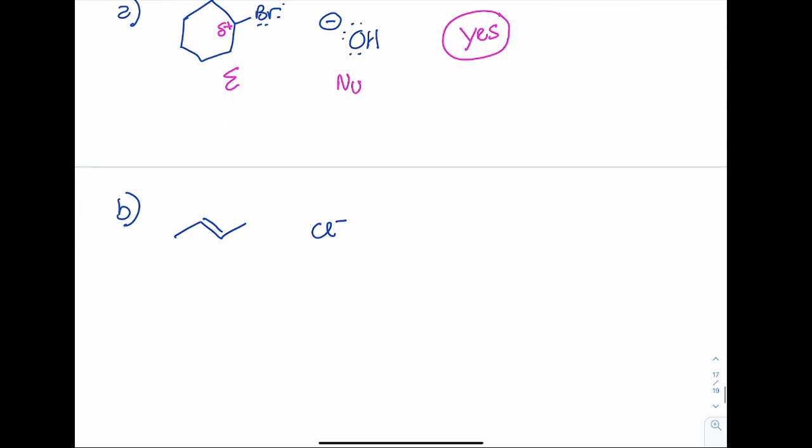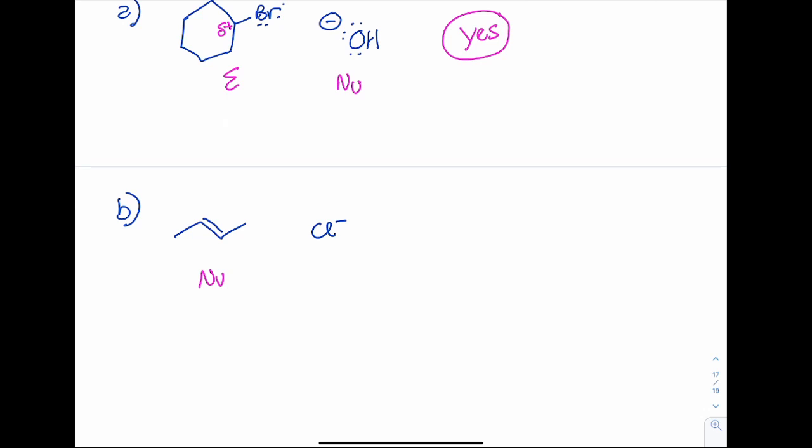Okay, so nucleophile, right? Pi electrons make it nucleophilic. And then chlorine with a negative charge, there's nothing electron poor about that. It does have lone pairs on it, and I said lone pairs on halogens you can exclude as being nucleophilic, but the fact that it's a negatively charged ion actually still makes it nucleophilic. And even if you don't recognize it as a nucleophile, it's definitely not electrophilic, right?